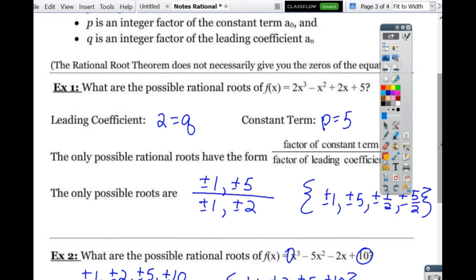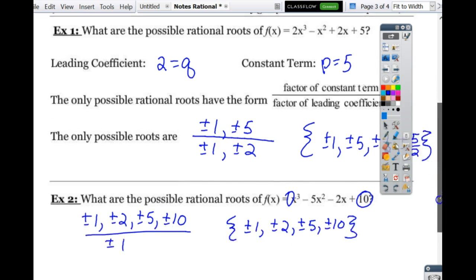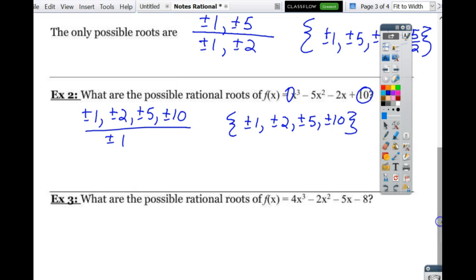What's the leading coefficient? What are the factors of 2? Okay. So the factors of 8: 1, 2, 4, and 8. And the factors of 4: 1, 2, and 4.